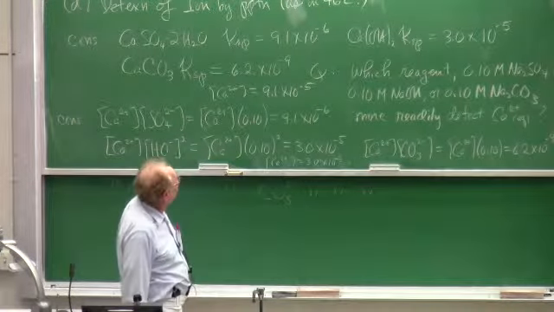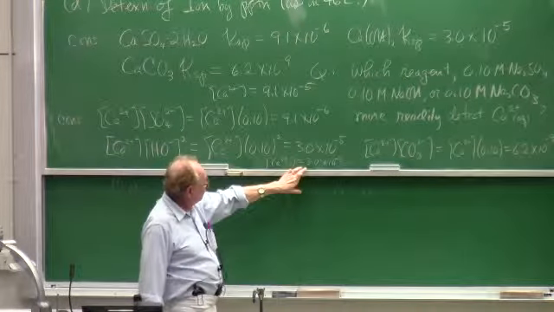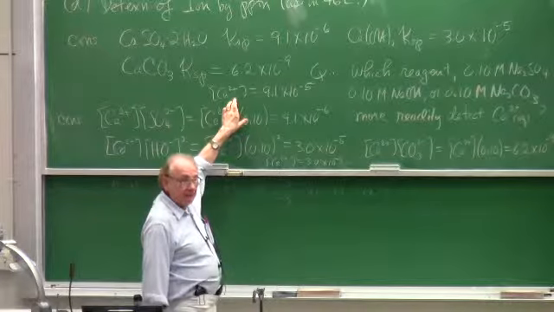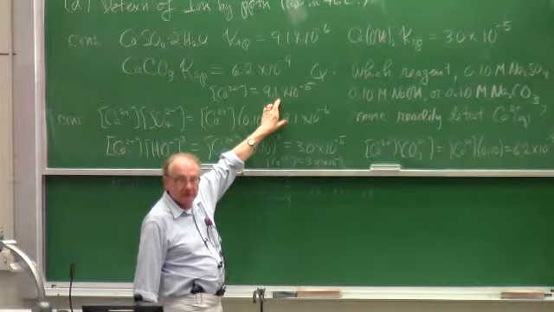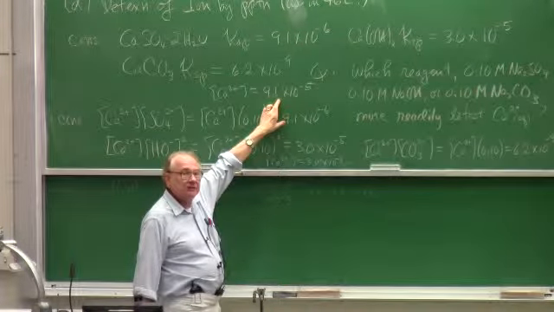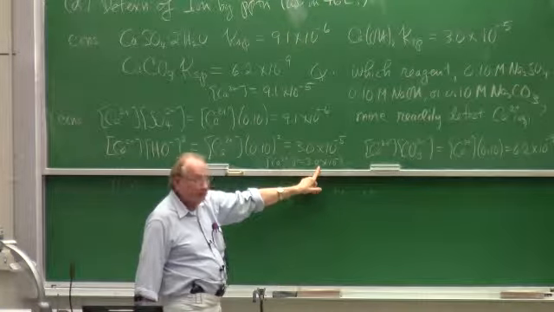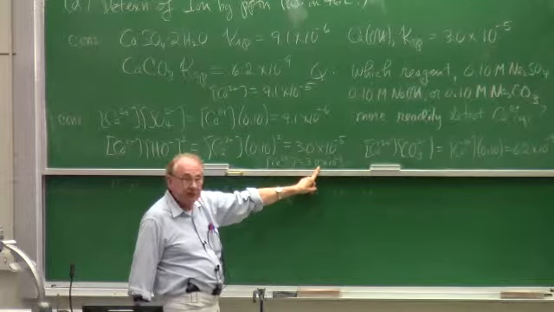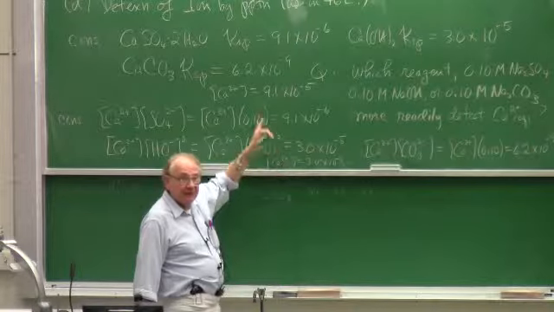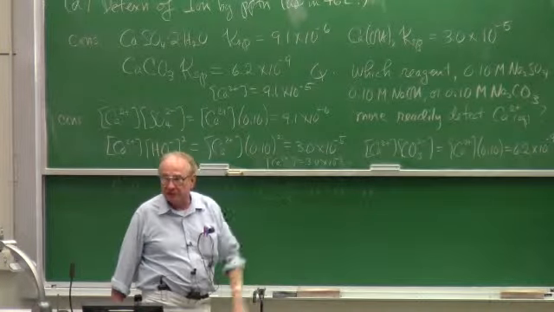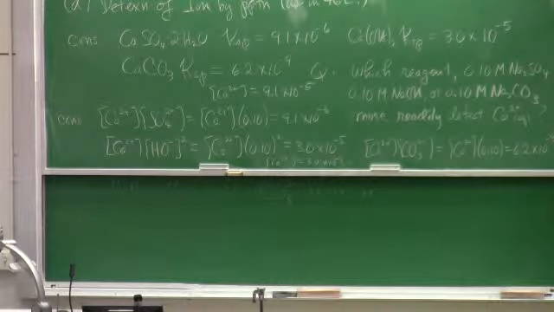I'm telling you what, this is a much more sensitive test for calcium ion than the sulfate precipitation, because the sulfate at 10th molar can find calcium ion at a molarity above 9.1 times 10 to the minus 5. But if I'm going to get calcium hydroxide to form with 10th molar hydroxide ion, that calcium ion has got to have a greater concentration than 3.0 times 10 to the minus 3. This is a lot bigger molarity than that. That means the sulfate precipitation test is much more sensitive. It can find calcium ion at a much lower concentration than can hydroxide ion.